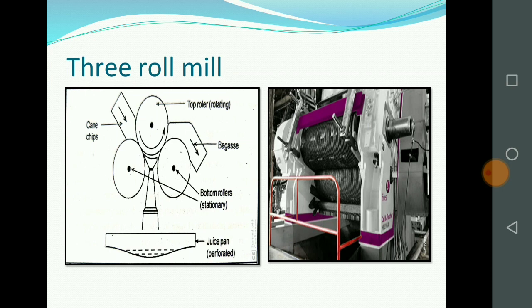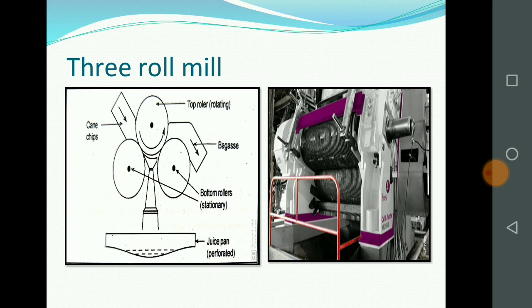A mill consists of three horizontal rollers arranged in a triangular pattern. Only the top roll rotates and the two bottom rollers remain stationary. The pressure on the top roller is maintained at 75 to 80 tons per meter of roller length.